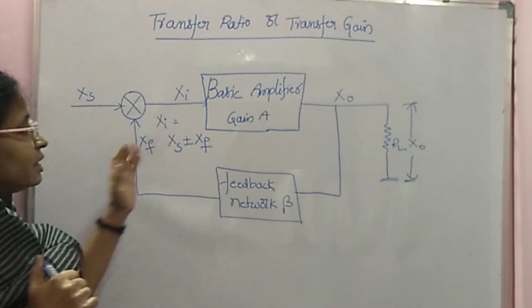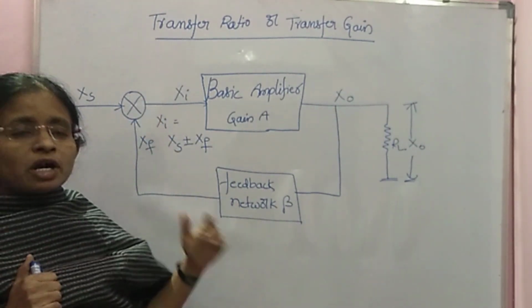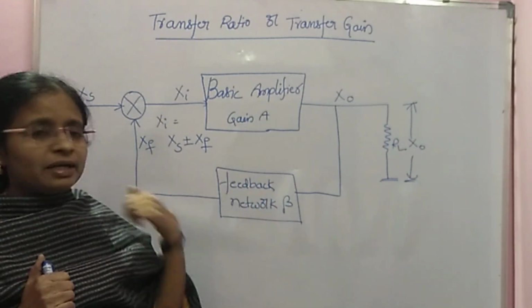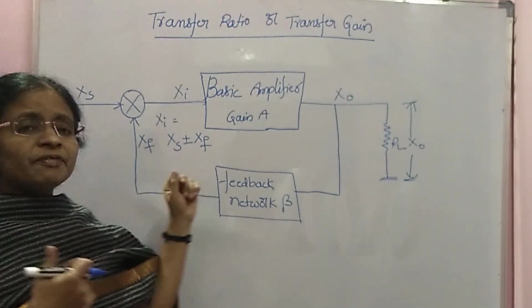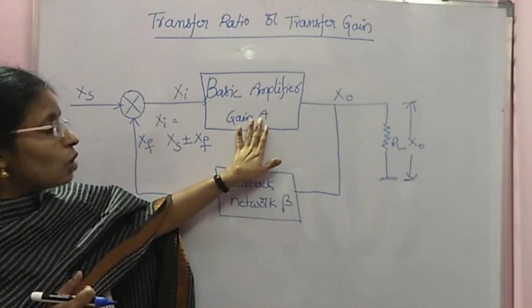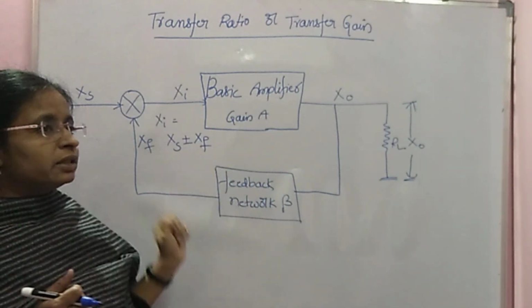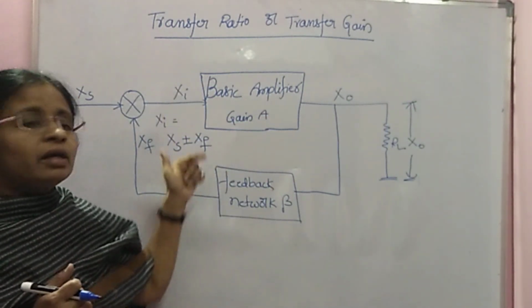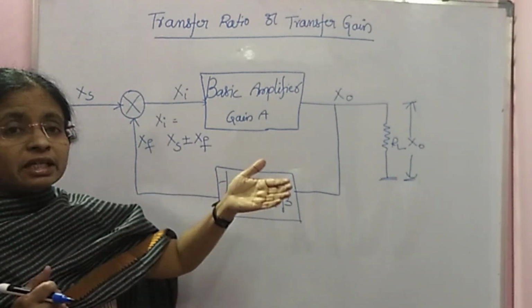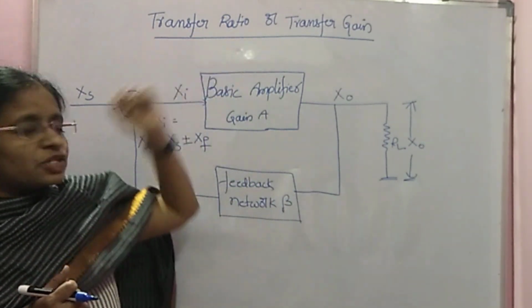Okay. So now we'll derive the transfer ratio or transfer gain for the positive feedback and for the negative feedback separately. For the basic amplifier, the gain is A. So this gain is called gain without feedback. Now we are going to derive the gain with feedback of this feedback amplifier. That is nothing but your transfer ratio or transfer gain.